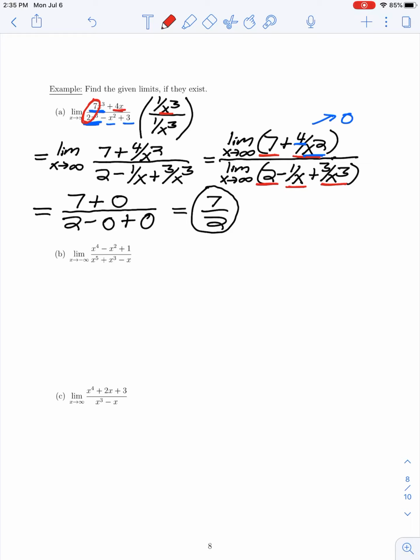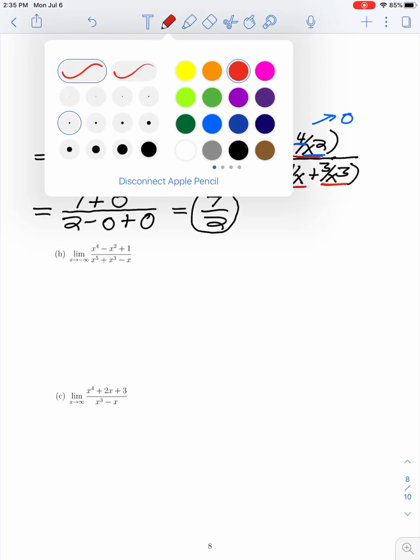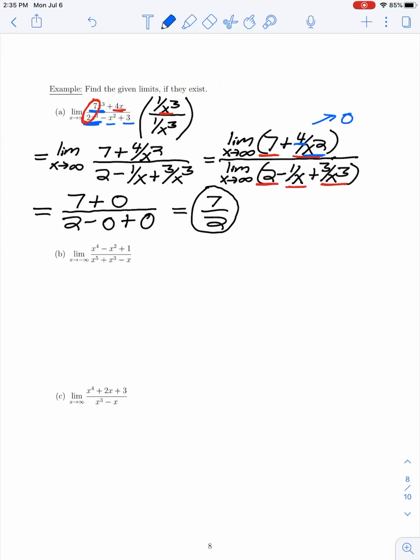So in part B, we've got a similar problem. The limit as x approaches negative infinity of this rational function. My method is the same here. I'm going to look for the highest power of x on top and bottom. I see for my numerator, it is x to the fourth. For the denominator, it is x to the fifth. So they don't have the same highest power, so I can't just look at the ratio of the lead coefficients for those highest powers.